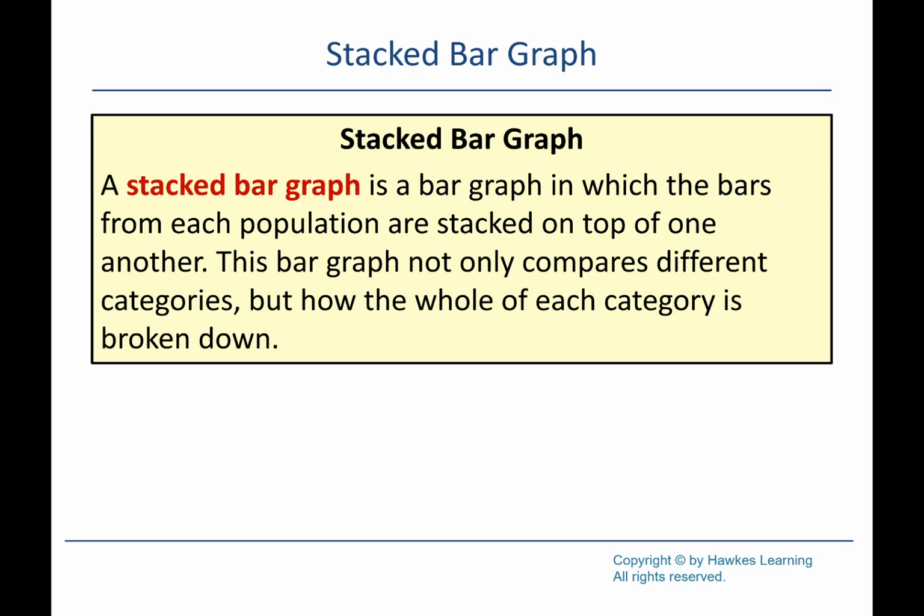The idea is the same as a side-by-side, but with the stacked bar graph, we'll put the bars on top of each other and use maybe two different colors to show which part of the bar is from which group. So you'll know what to call it if you see one of those next time.